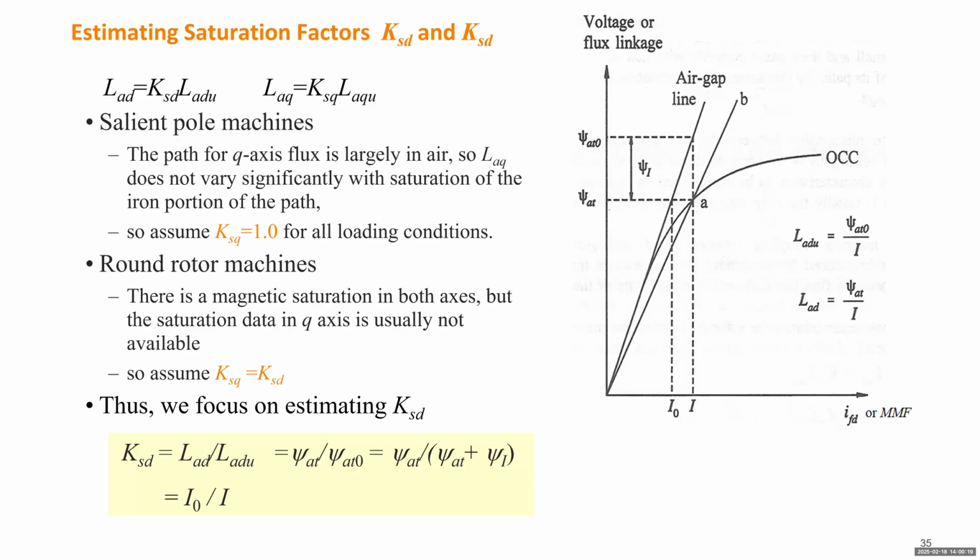Or third, with saturation you need current I to generate the flux linkage, while without saturation you can reduce the current to I0, so dividing I0 by I gives the same factor.